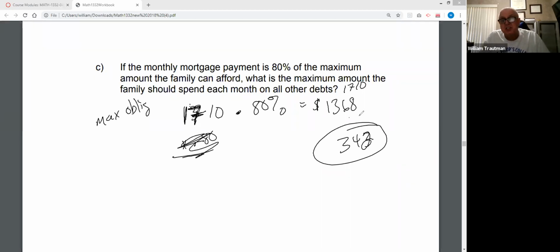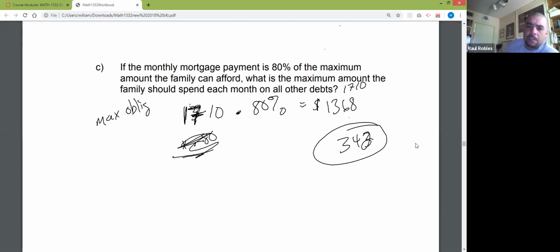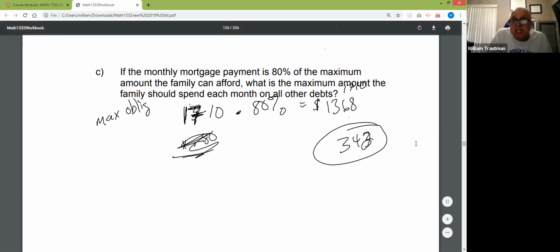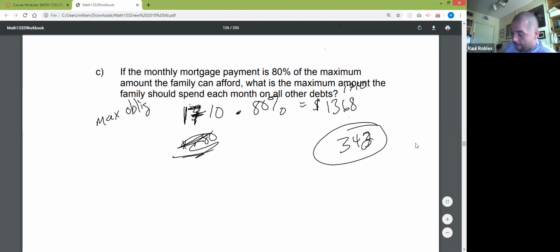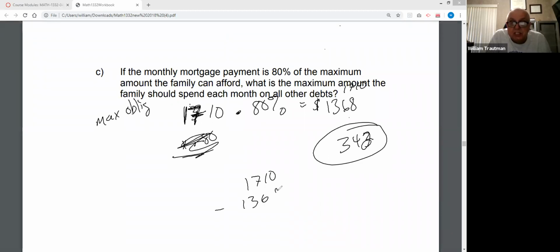That's just on other debts. This was another scenario, if the bank just said 80%, like that. How'd you get the 342? I subtracted the two. 1710 minus 1368 is 342.